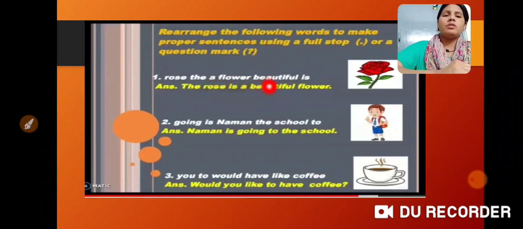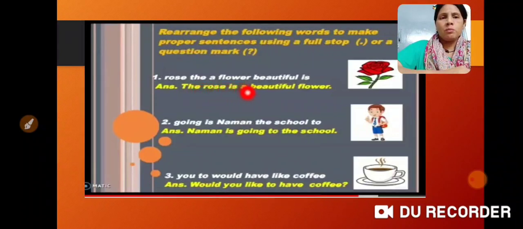These group of words do not make a complete sense. So these are not sentences, but we can rearrange them to make a sentence. So we will arrange them. Notice how the words in each sentence are arranged.